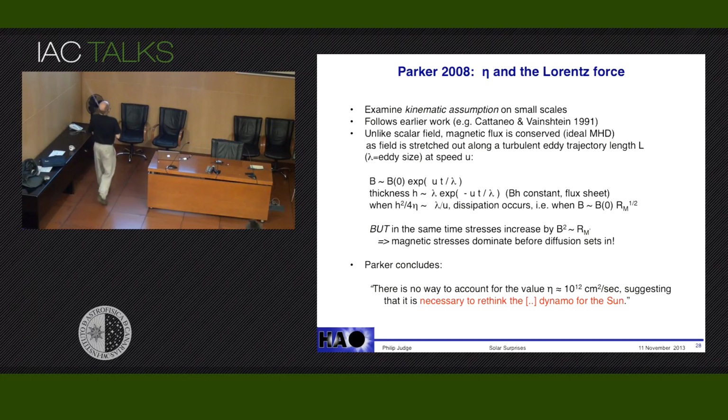Well, he makes an argument that the length goes like this, the thickness goes like this, which conserves the flux in the sheet itself, in this small tube, flattened sheet, or whatever it is, of fluid. Now we just ask the question, what does it take for diffusion to set in versus what does it take for, say, a Lorentz force to start kicking in?